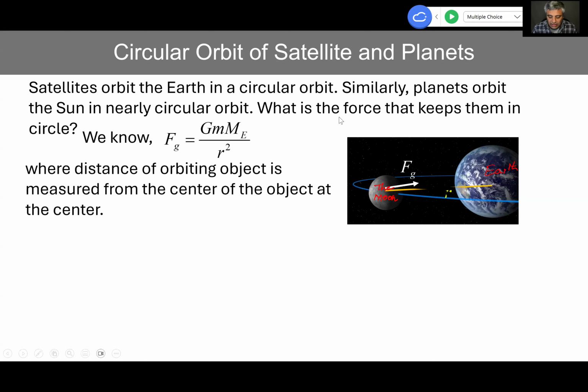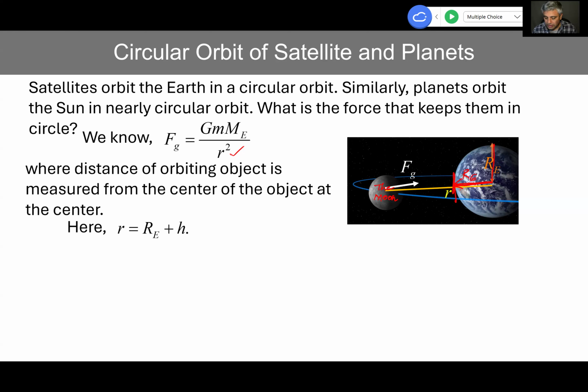So this r is the distance measured from the center, as shown in this diagram here. I'm showing it on this side, but you can think of it as the same as this one as well. That was just for clarity.